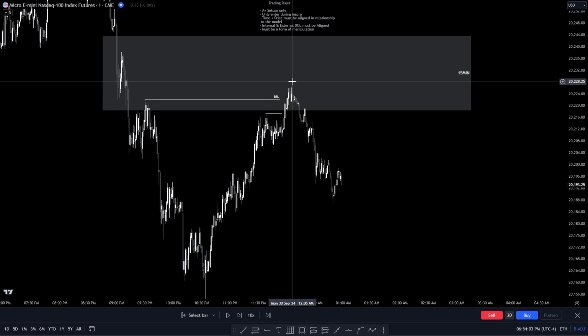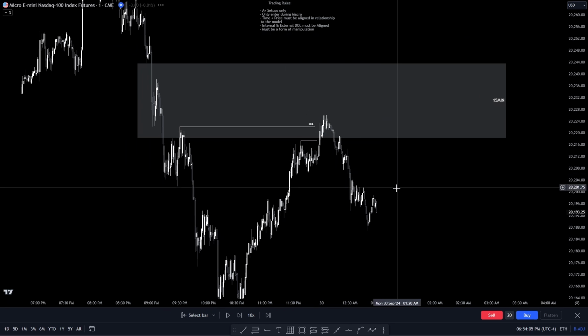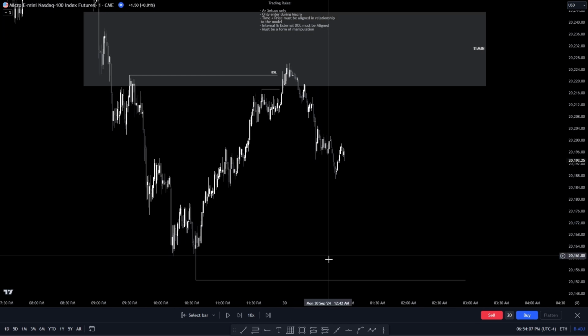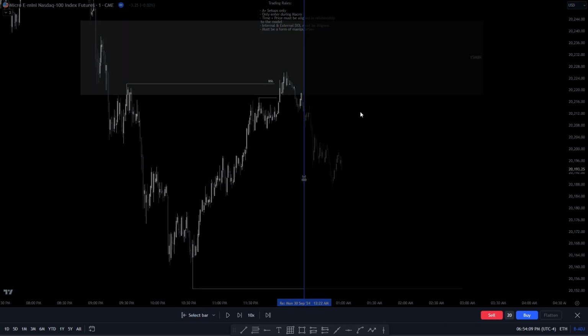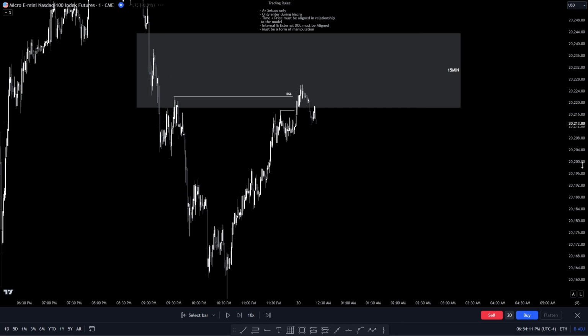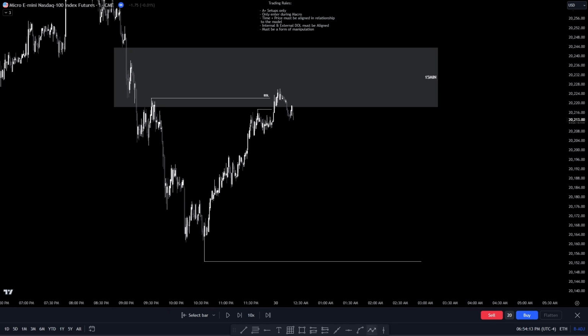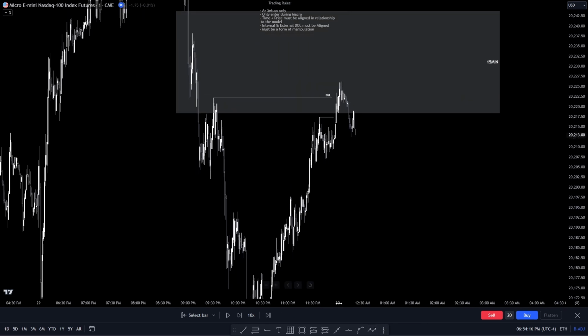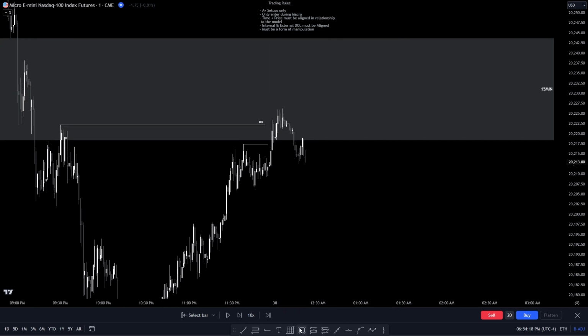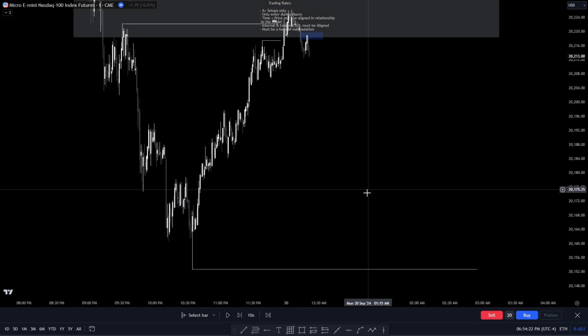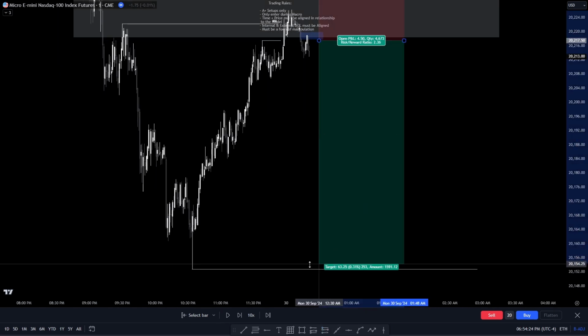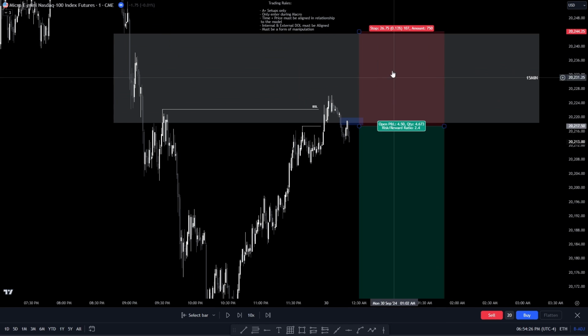Come out, take buy side, retrace lower, right? And at this point right here, I wanted to see price tell me that we wanted to proceed lower. I'm not just going to see this and be like, oh, first fair value gap, taking a short, and blindly take a short.